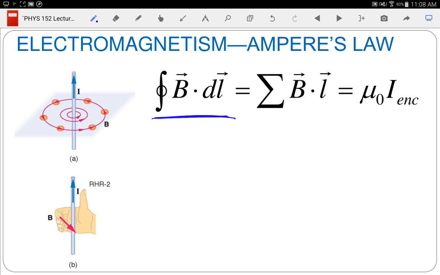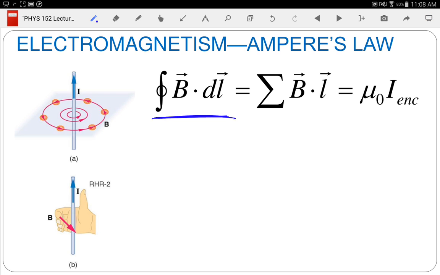And so just like with Gauss's law, where we had to carefully choose the shape of our surface to calculate on, we have to carefully choose our loop. Since the magnetic field goes in circles, we'll make our loop a circle. Then anywhere on that loop, the magnetic field is either parallel or anti-parallel to the loop, depending on which direction you're going.